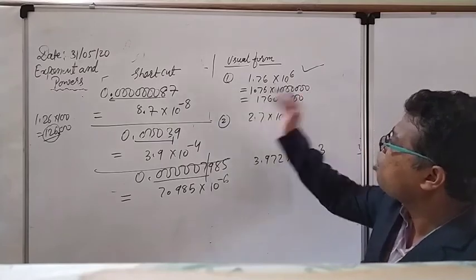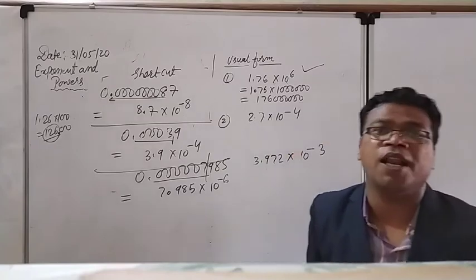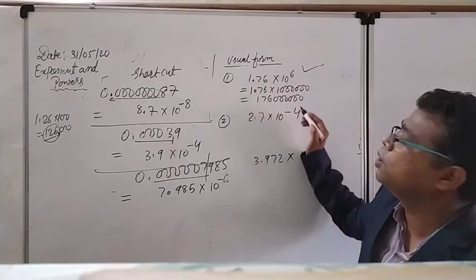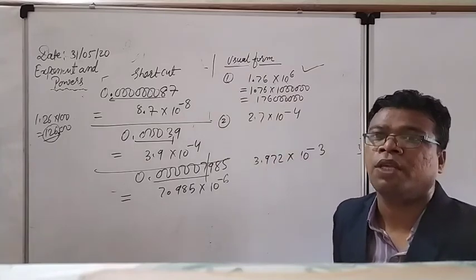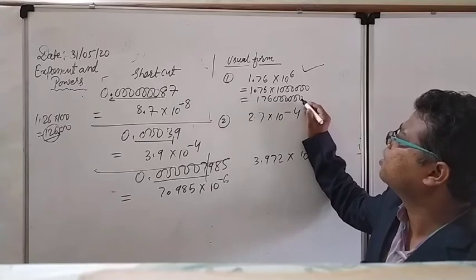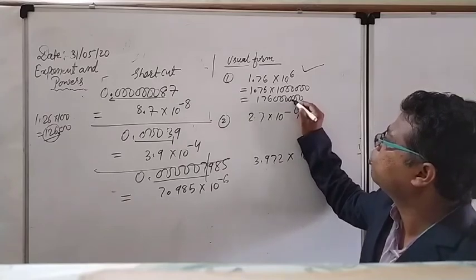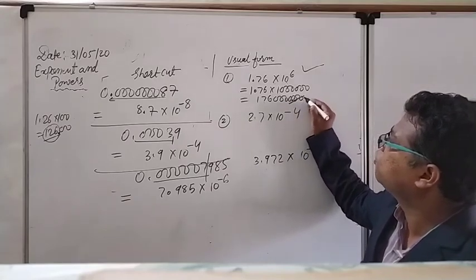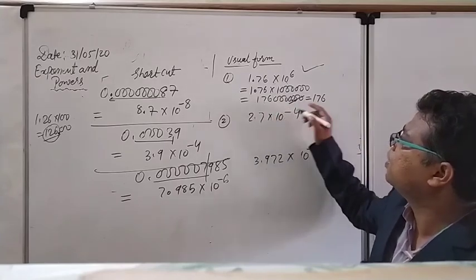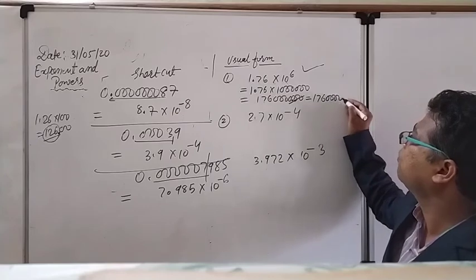After how many digits do I have to put the point from the last? After the point there are 2 digits. So from the last I will consider 2 digits, 1 and 2, and I will put the point here. And these two digits will be useless for me, and according to that my answer will come 176 and 4 zeros.